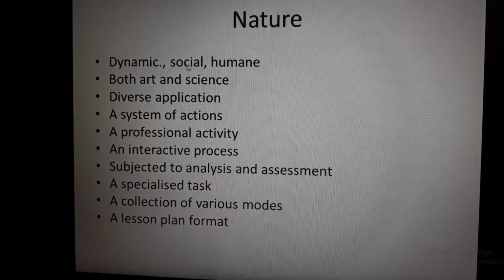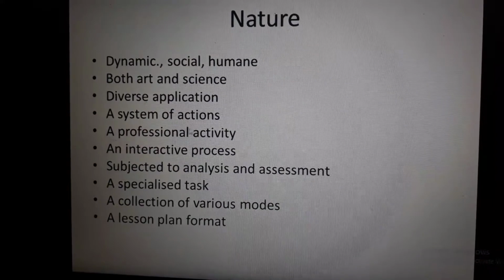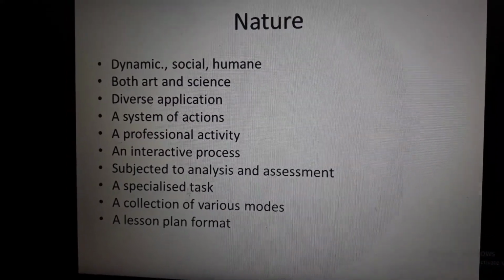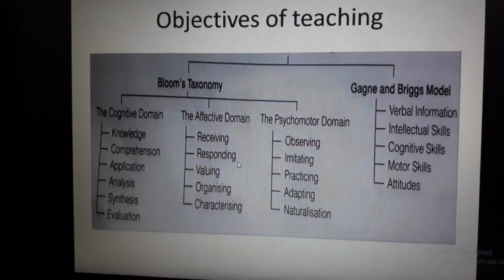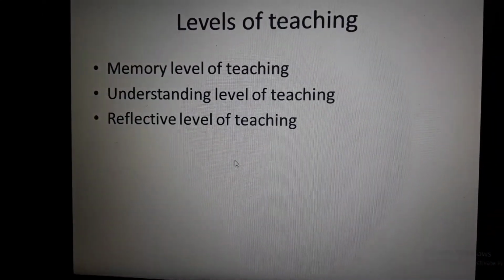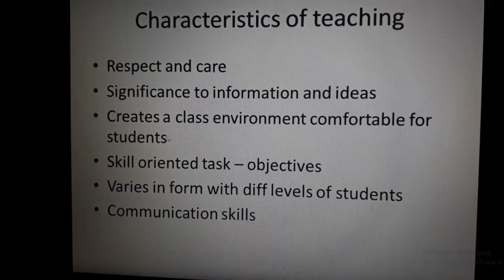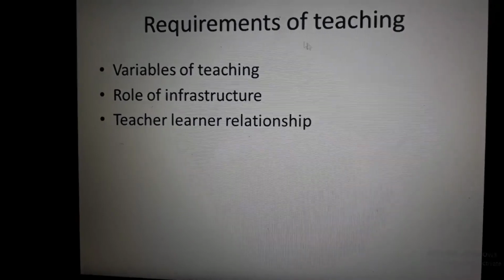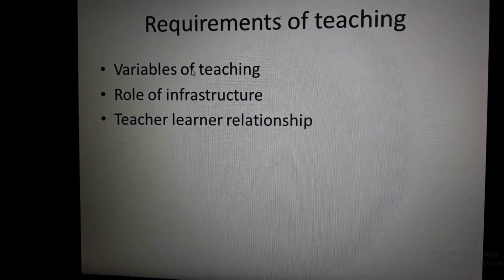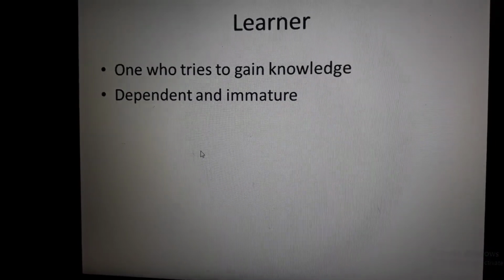These are the natures: dynamic, both art and science, diverse application, system of actions, professional activity, etc. These are the objectives: levels of teaching, memory, understanding, and reflective. Characters of teaching: respect, significance, creating classroom comfort for students. Communication skills. Requirements of teaching are variables. These are the curriculum, the teacher and the student, role of infrastructure, and the relationship between teacher and learner.